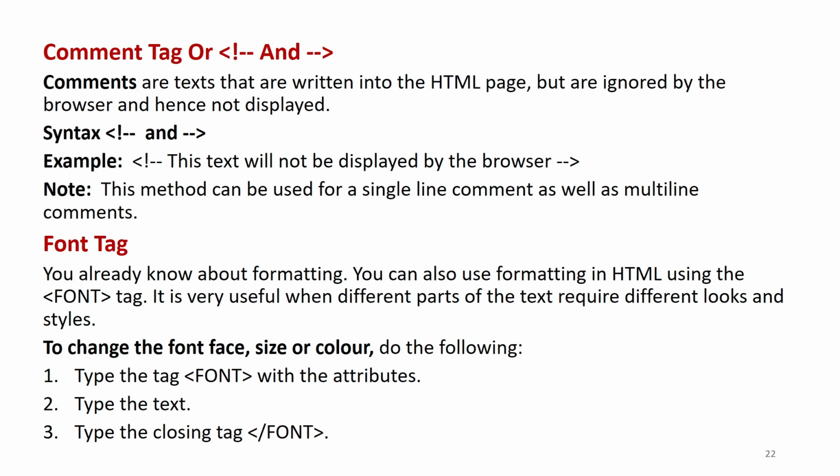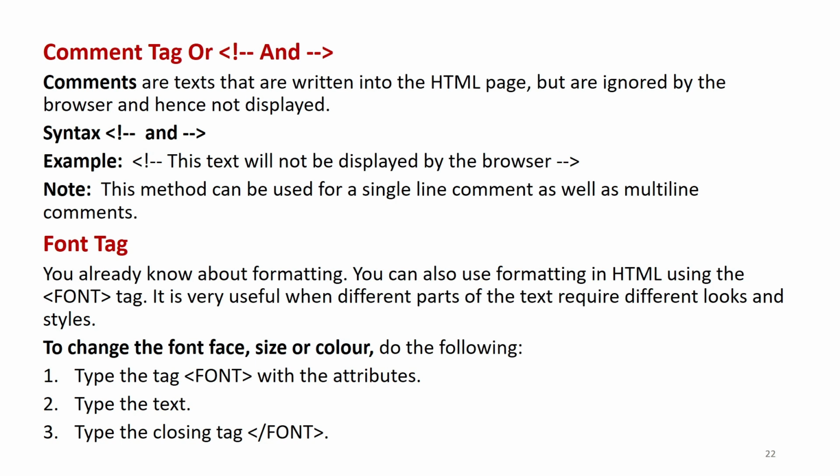Now the next is our font tag. You already know formatting. You would have done formatting of your text in Word, Excel, PowerPoint, and other software. Likewise, you can also use formatting with HTML using the font tag.